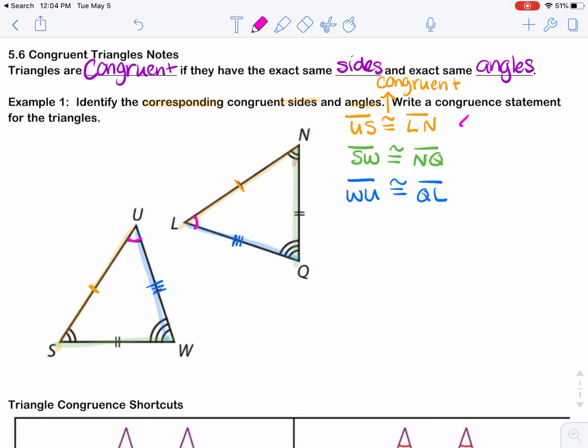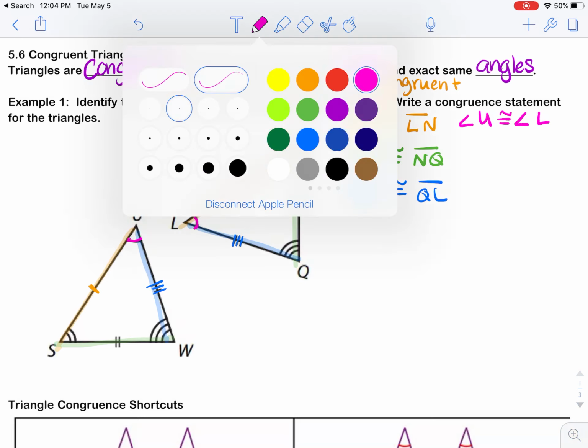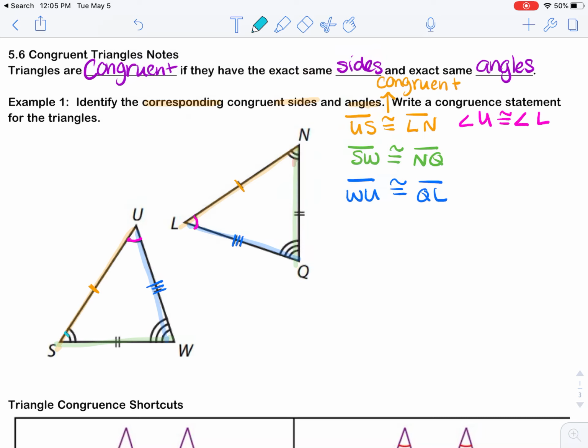So that means that angle, this is the symbol for angle, angle U is congruent to angle L. If I look at angle S, there are 2 arcs, and N has 2 arcs, so angle S is congruent to angle N.